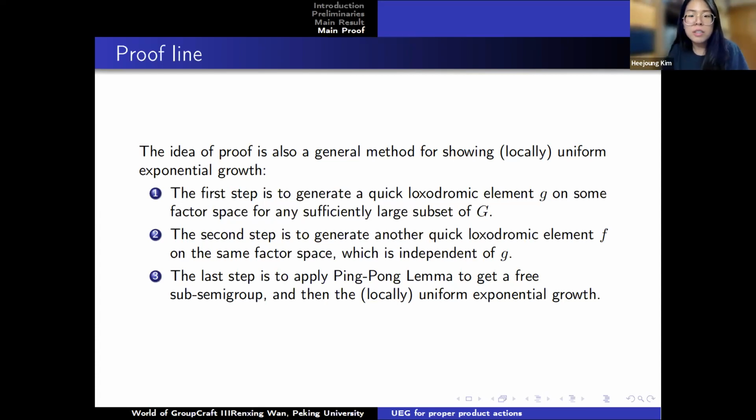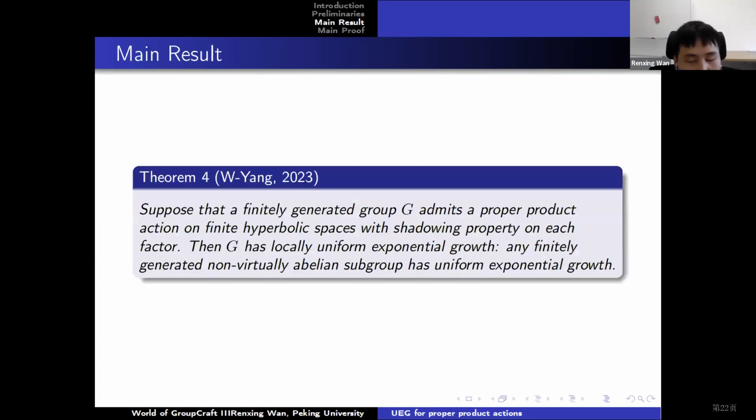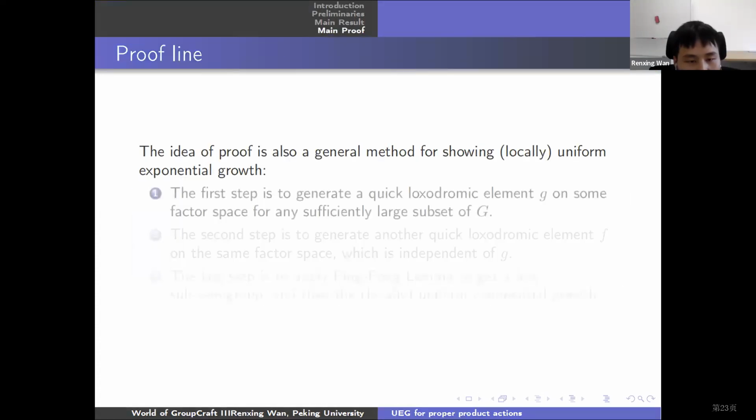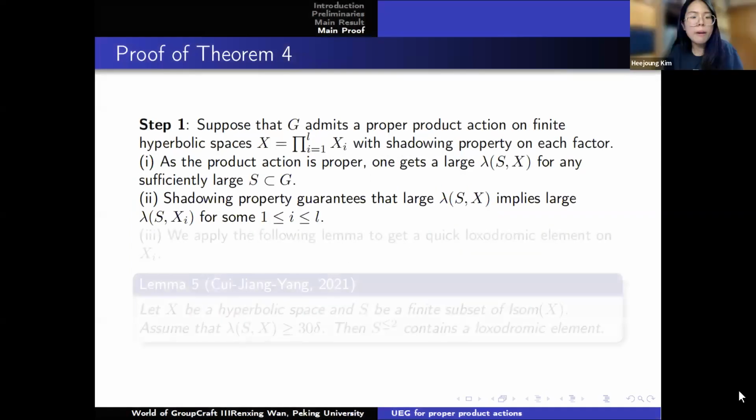So it is difficult to show something satisfies the shadowing property. Yeah, we use the shadowing property in this step.